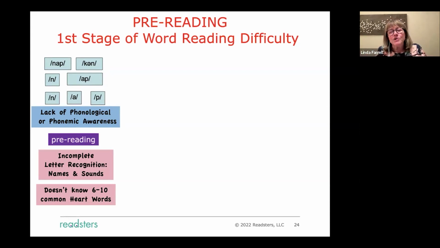I might move on to short O, but I will definitely not move on if, when I give them decodable sentences and words to read at the short vowel level, they're still reading sound by sound. I'm going to work on getting them to read quickly and accurately, because they've got to develop automaticity, which is accurate and quick, as opposed to just mostly accurate. I hope that answers the question.